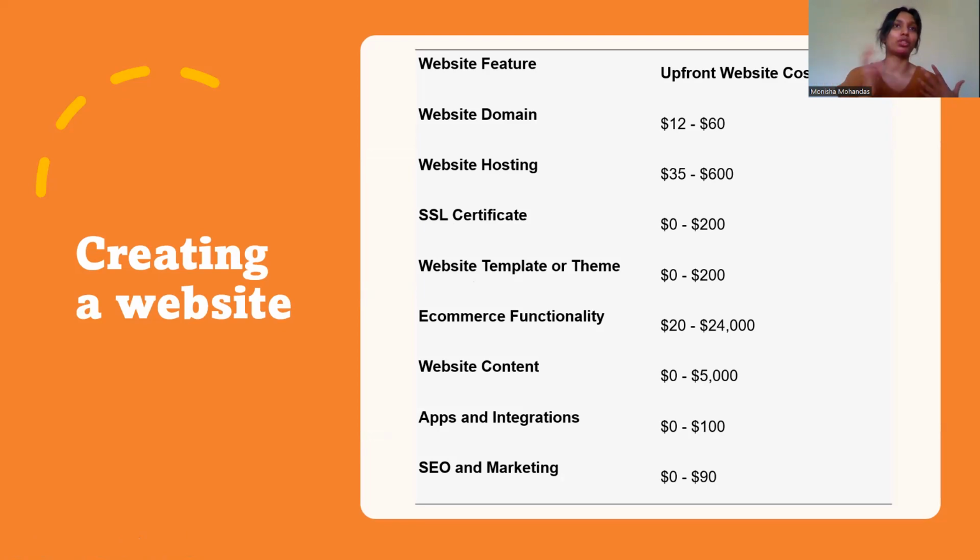But if you want to add more things to it or add specific things to it, it can cost you money. And e-commerce functionality basically means the website allows you to sell products. E-commerce is just that, right? Because e-commerce means selling products online. So if you want to sell products on your website, then you call it e-commerce functionality.